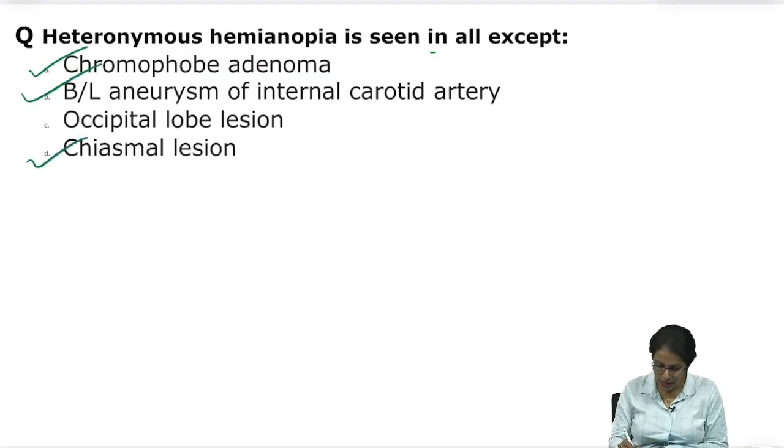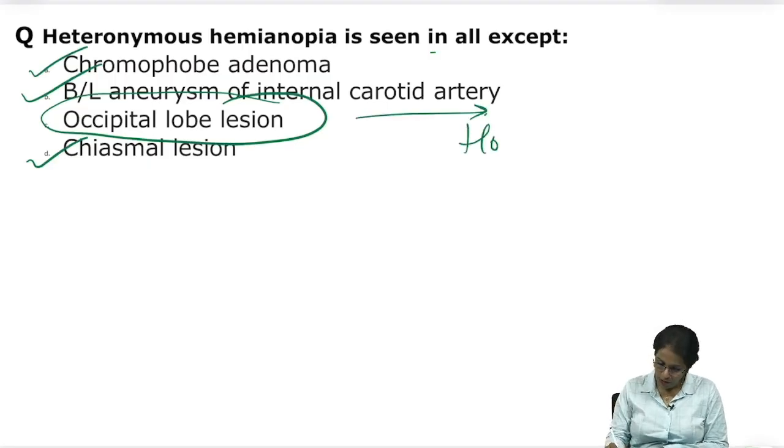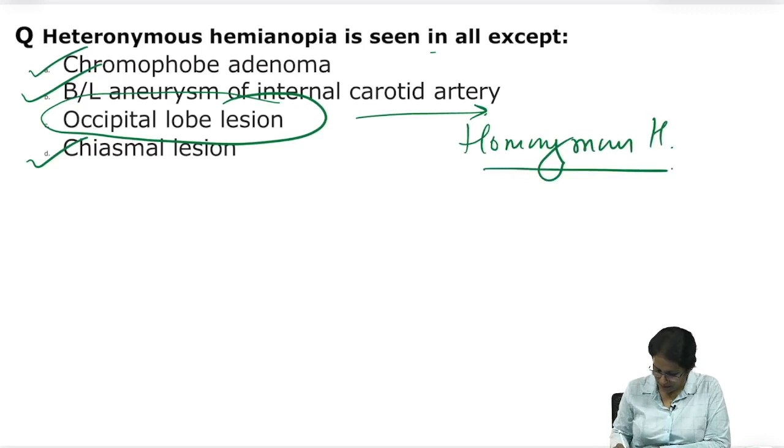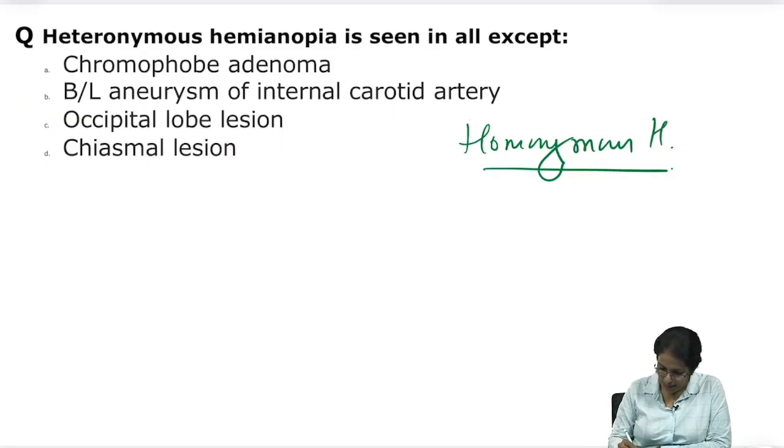So, what is the answer? Answer is occipital lobe lesion. Here you do not get heteronymous, what you get is a homonymous hemianopia, is it not? So, the answer is occipital lobe lesion, where you are getting homonymous hemianopia.